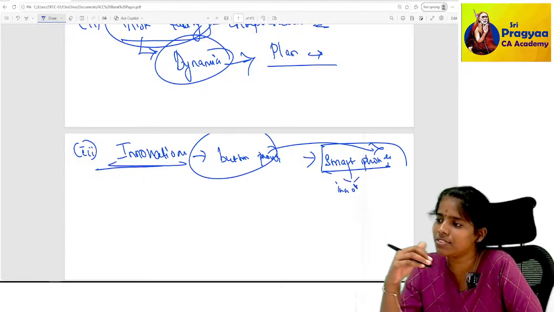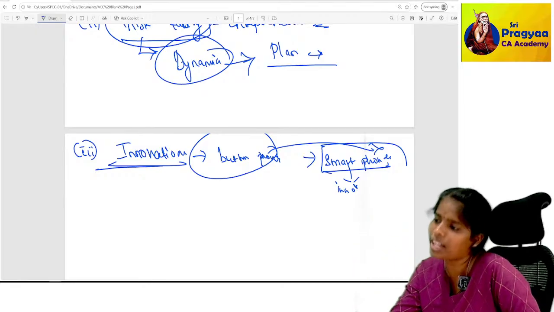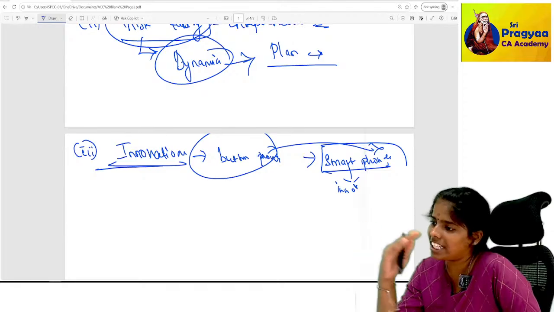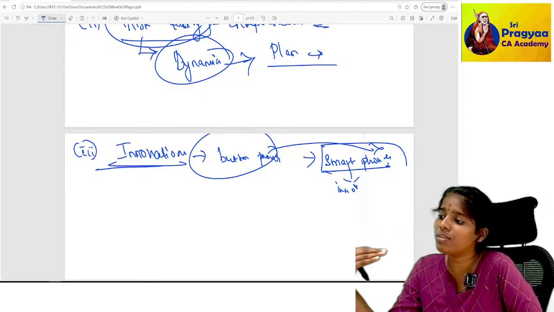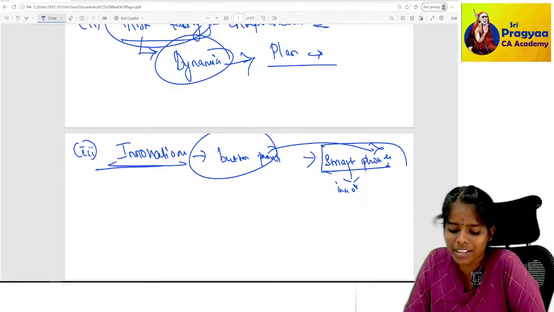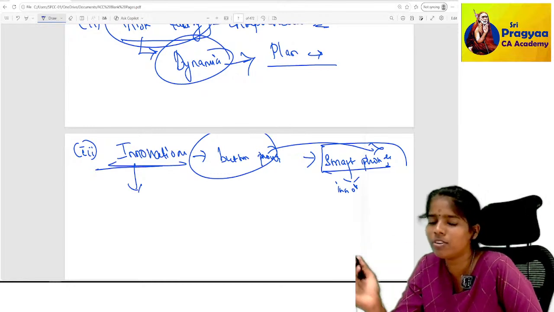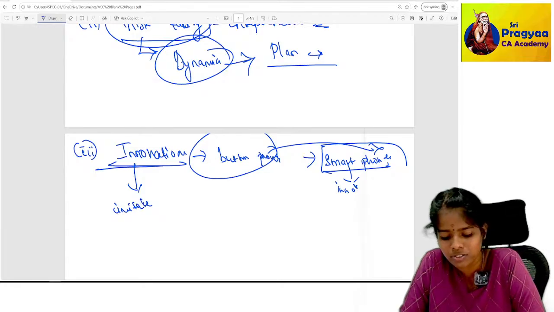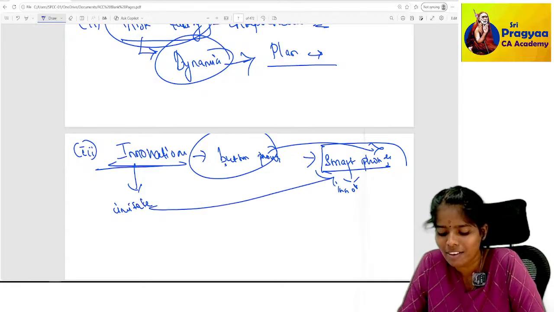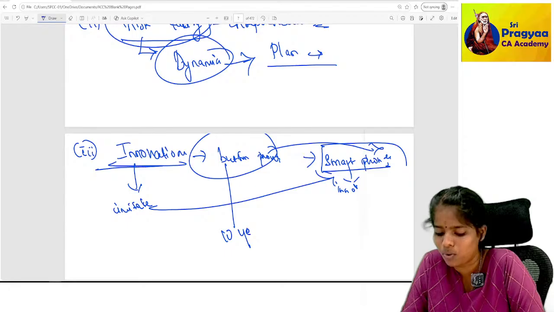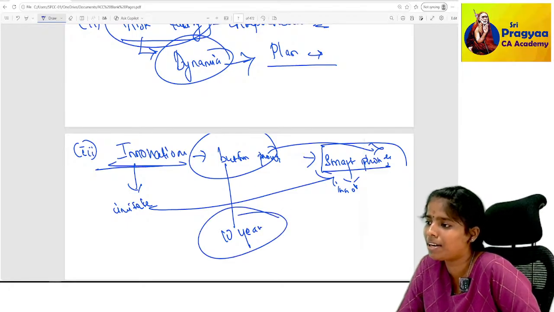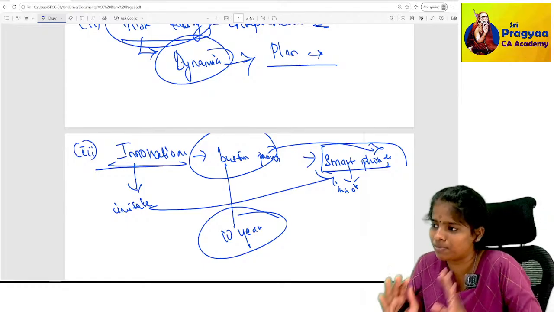But will it last forever? கடைசி வரைக்கும் அது innovationாவே தான் இருக்குமா? No. It will change into a normal product when everybody imitates it. Everybody will imitate other competitors. They will also enter the market. அவங்களும் imitate பண்ணி they will also now start producing smartphones. Now after 10 years button phones அப்புறம் இப்போ when I tell somebody who's newborn, will they understand what is a button phone? No. அவங்களுக்கு என்ன தெரியும்? Smartphone மட்டும் தான் தெரியும்.